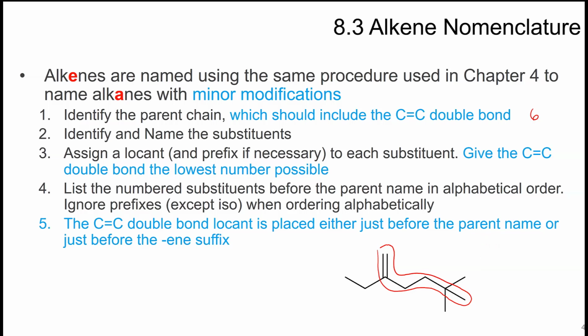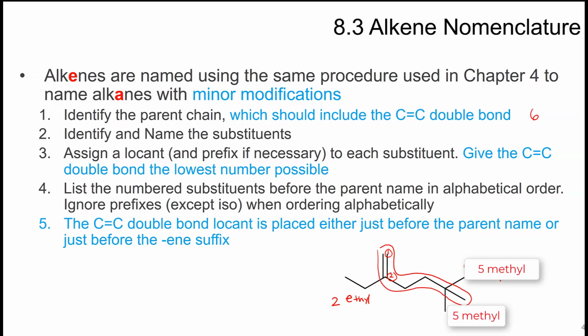We then identify and name the substituents. So we have an ethyl group, and we have 2 methyl groups. We then assign a locant and prefix if necessary to each substituent. The carbon-carbon double bond should have the lowest number possible. So this is 1, this is 2. So our ethyl group is at 2, and our methyls are at 5 and 5.